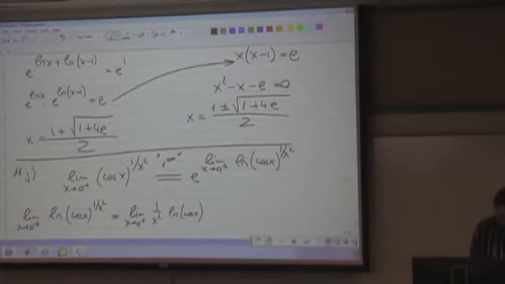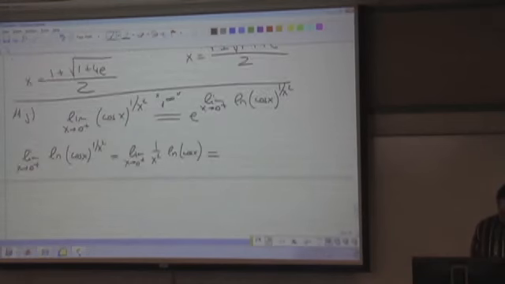So now, what do we do? What has to happen for us to take a derivative? It has to be 0 over 0 or infinity over infinity. Do we have that situation?